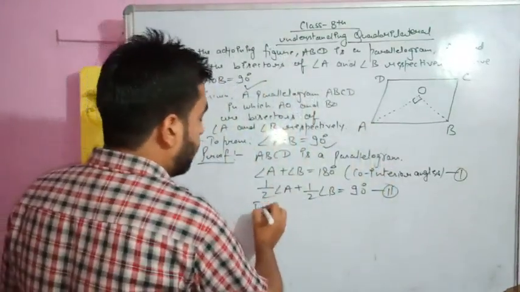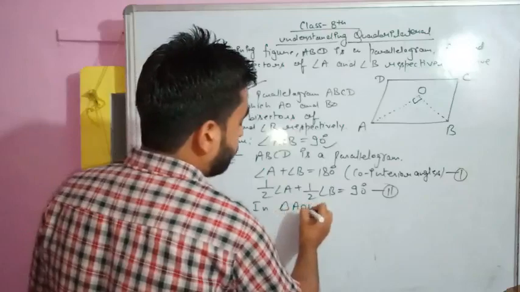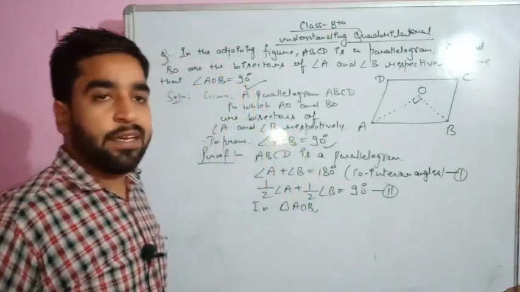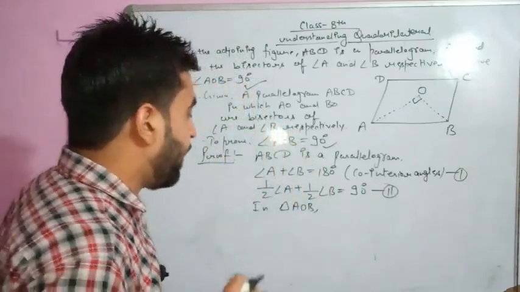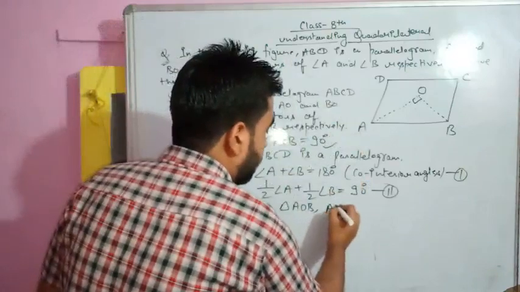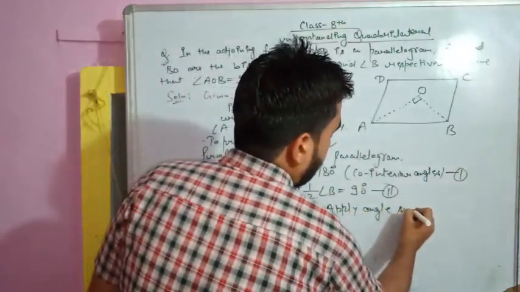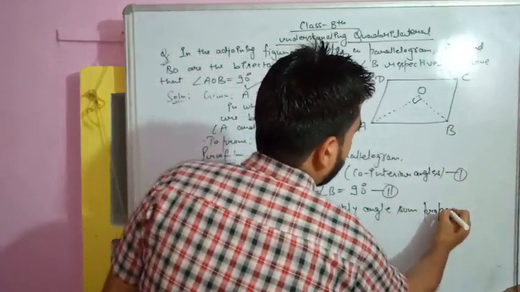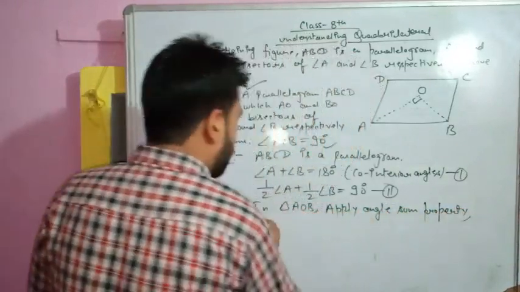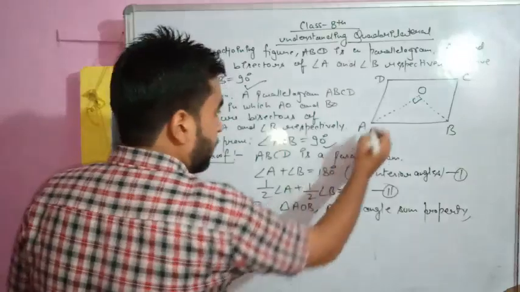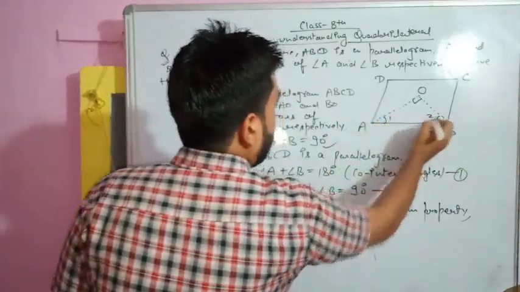Now in triangle AOB, what can you do? You can apply the angle sum property. What will be the advantage of applying the angle sum property? Suppose this is angle 1, this is angle 2.